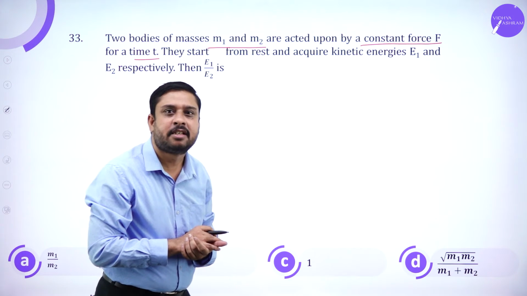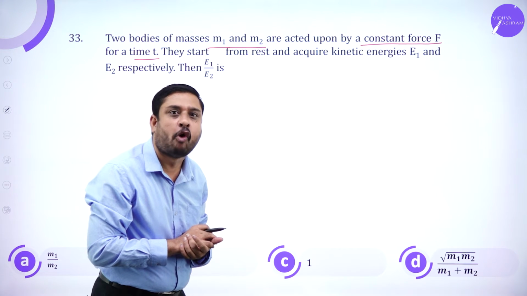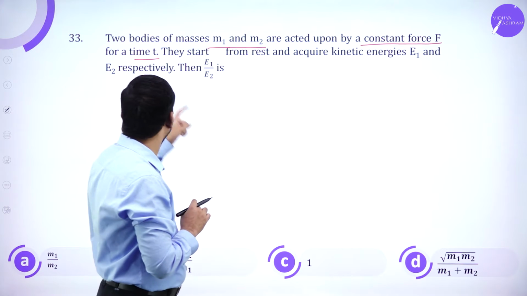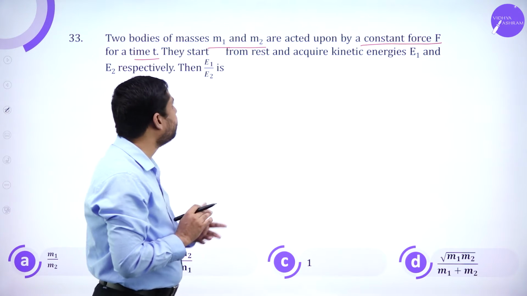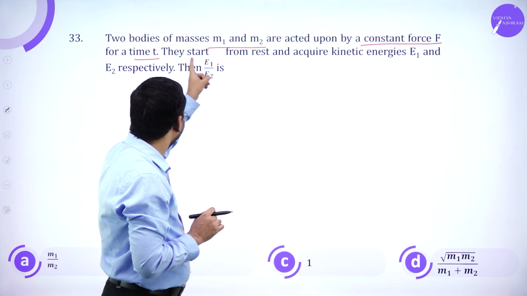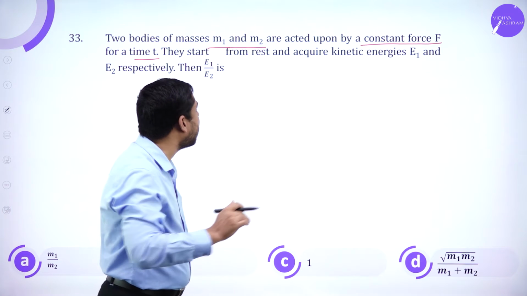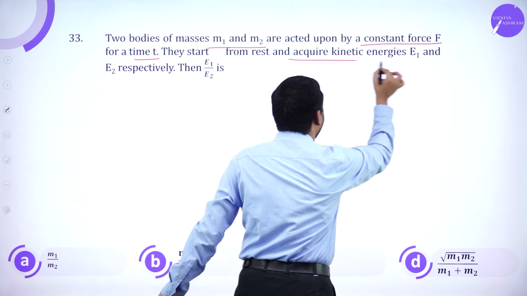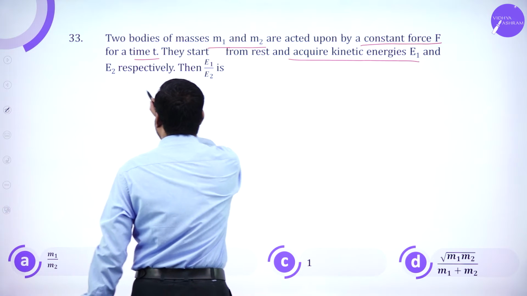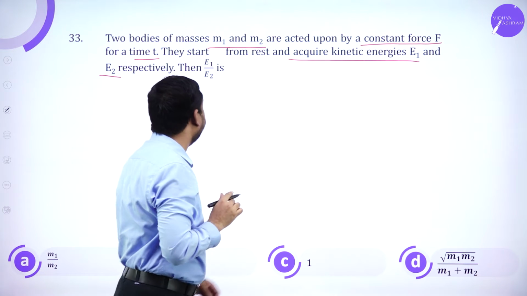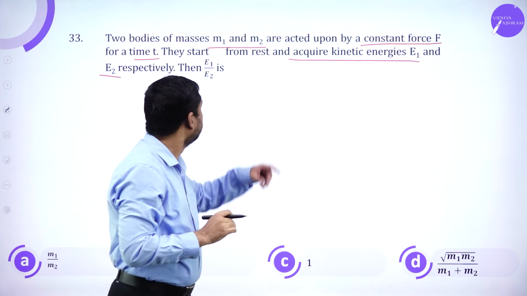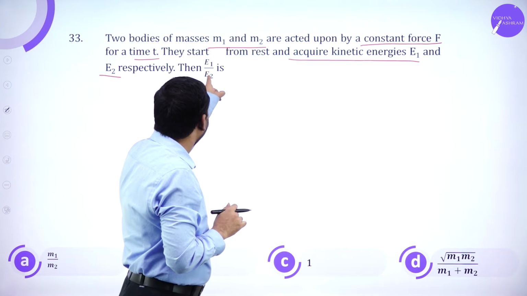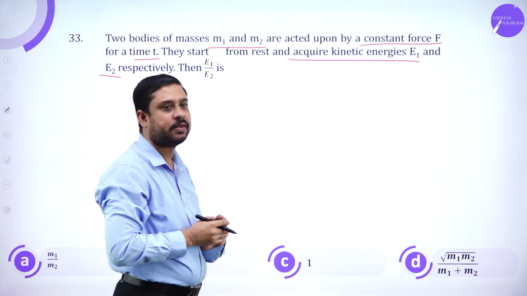They are acted upon by a constant force F for a time t. They start from rest and acquire kinetic energies E1 and E2. Then E1 by E2 is.